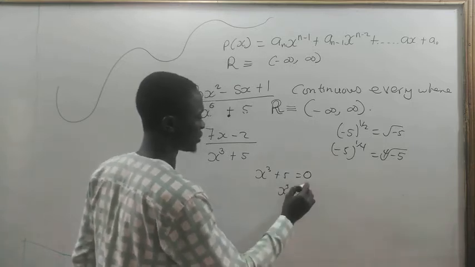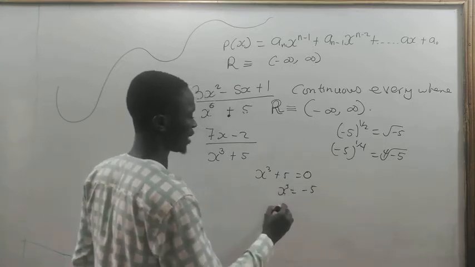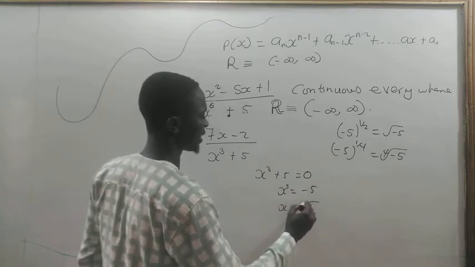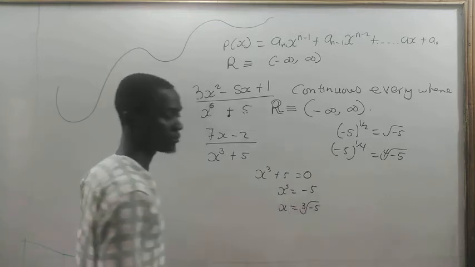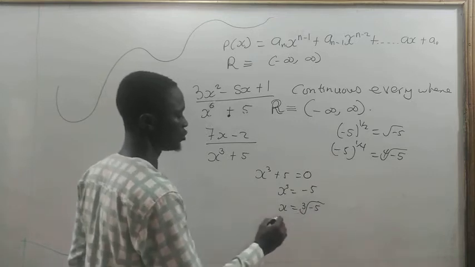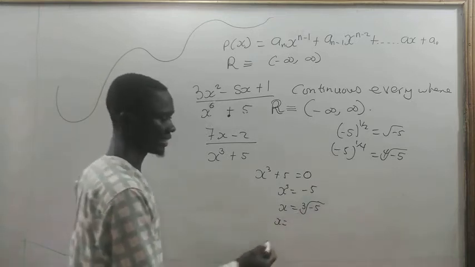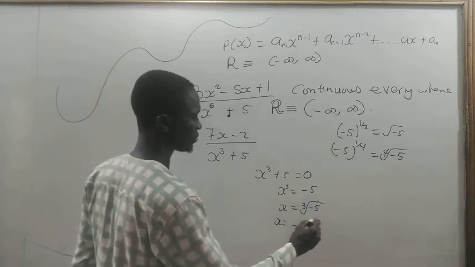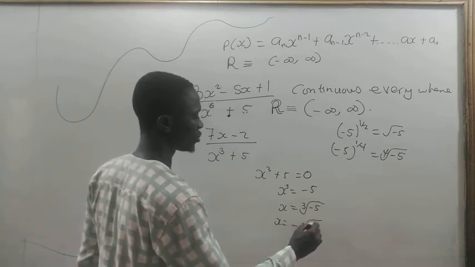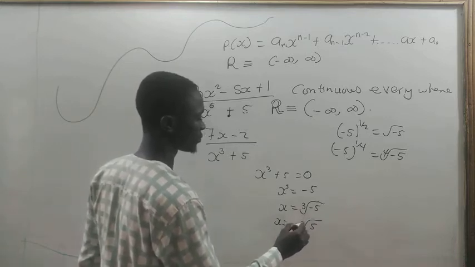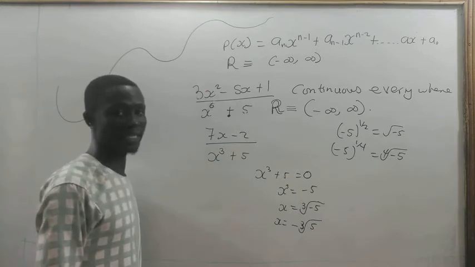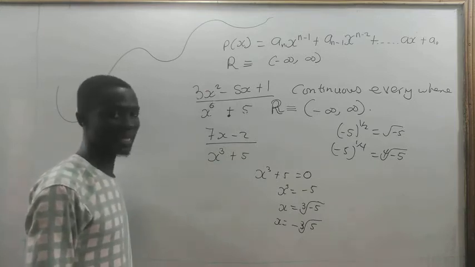Let me do it step by step. And I have x equal to the cube root of minus 5. And the cube root of minus 5 is defined, the same as minus the cube root of 5. So it is defined. Very, very simple as that.